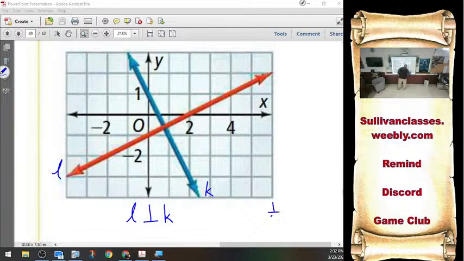So I have 1/2 is the first guy, and that's going to be perpendicular to, what about the orange guy? Down 2, right 1. If I leave that as a fraction, what do you notice about perpendicular slopes? They're flipped. Do you remember the big kid word for that? Starts with an R.